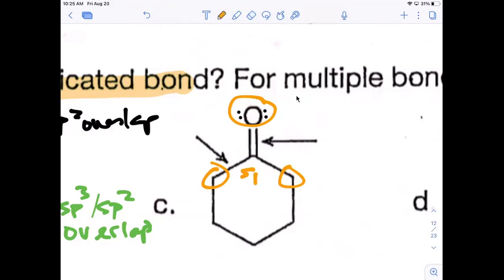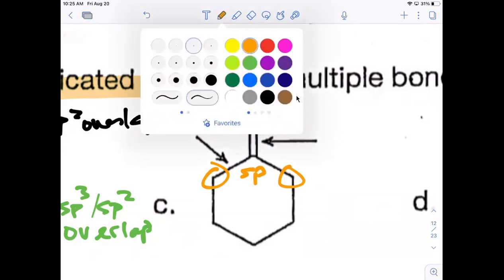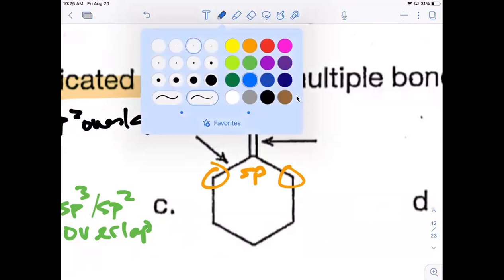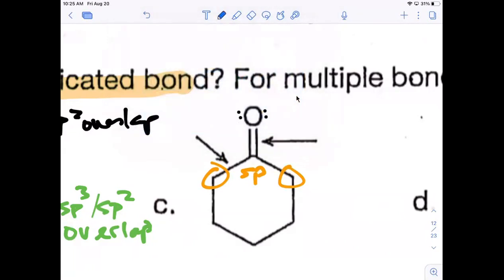Very good. What about the oxygen? Oxygen has 2 lone pairs, but remember, those lone pairs are not like Velcro stuck to the side of the atom. That's just how we draw them. They actually sit in an orbital, both of them. And lone pairs are groups. Is that right? Yes. So how many groups are around oxygen? 3. 3 groups.